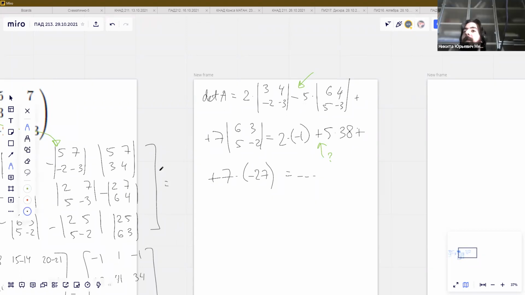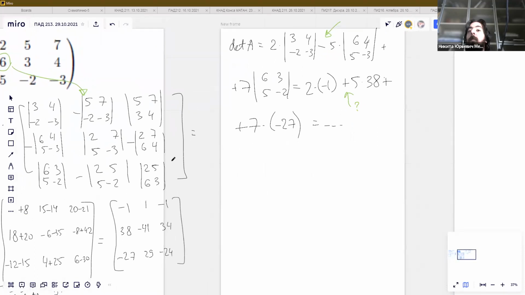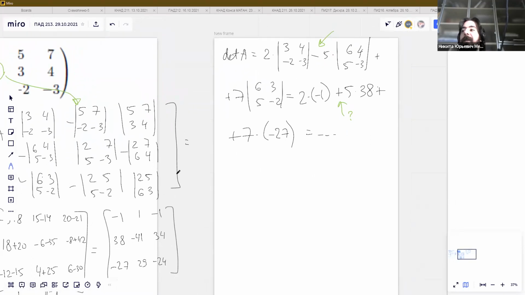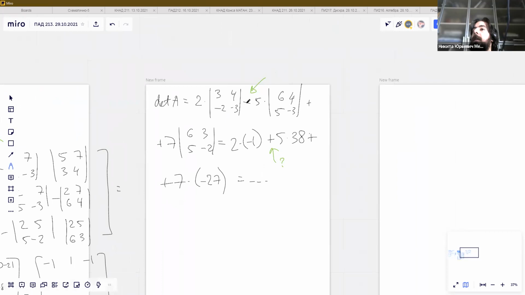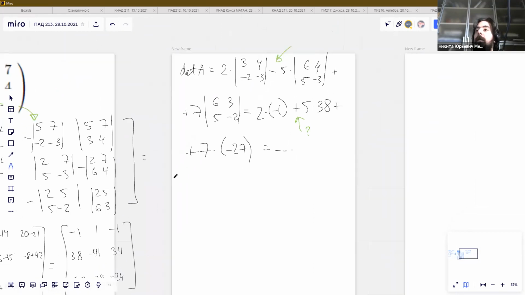Yes, technically, but that's not what I meant. Well, okay, that's not only technically correct, that's for sure correct. What I meant is that this formula has a minus here because that is the formula through minors, the formula of expansion of a determinant through minors. But there is a second way to write it, where this minus can be put into this part, and then it is called cofactors.